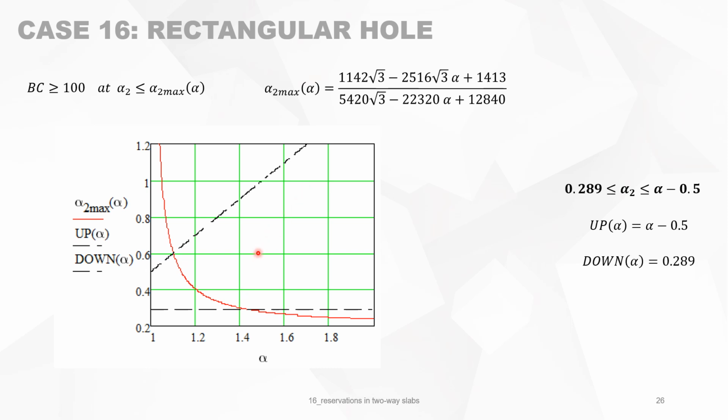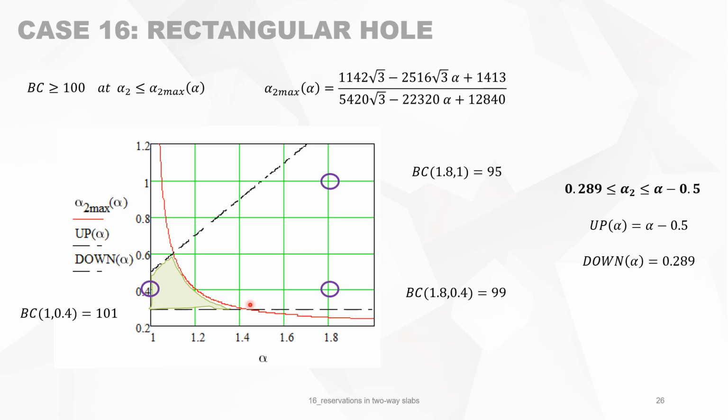When you are in this region, for instance, alpha is 1 and alpha 2 is 0.4, you see that we have more than 100% bearing capacity. It means no loss of bearing capacity. When you have this point, for instance, alpha is 1.8 and alpha 2 is 1, then you have 95% of the bearing capacity, so you lose bearing capacity. Same for this point.